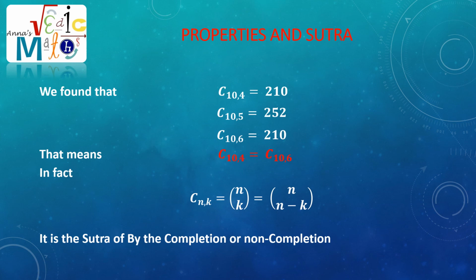In general, we can write that the combination of n elements taken k at a time is equal to the combination of n elements taken n minus k at a time. This is the property of the sutra by completion or non-completion.